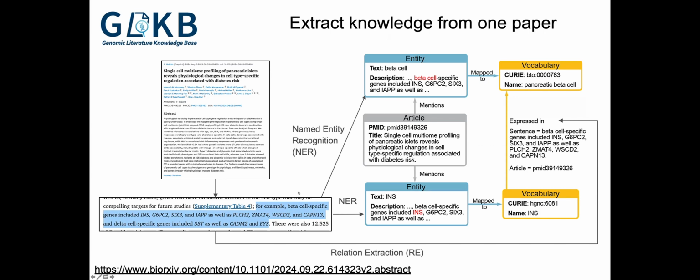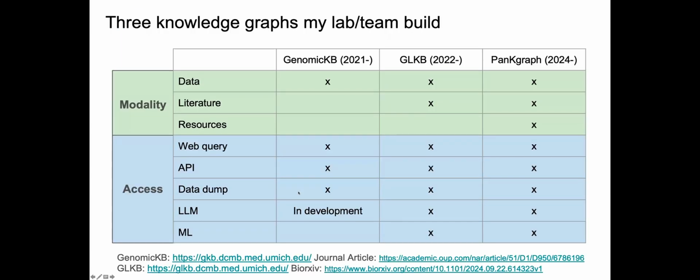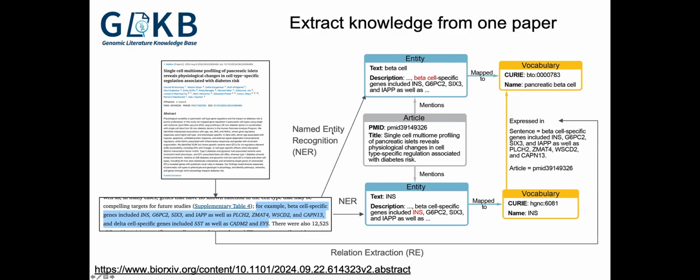We hope to extract the knowledge, like the nodes and edges, and map to the vocabulary using information extraction pipelines. Here we extracted the entity beta cell, the entity insulin gene, and the article mentioned both entities, and we map the entities to the vocabulary to make sure there is no ambiguity.